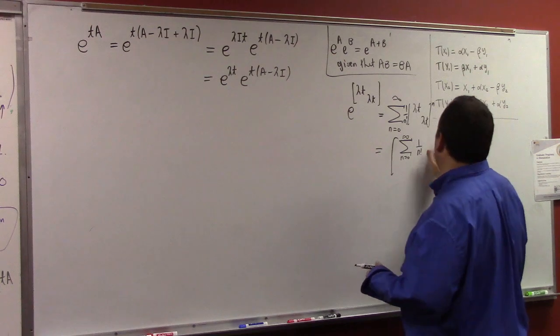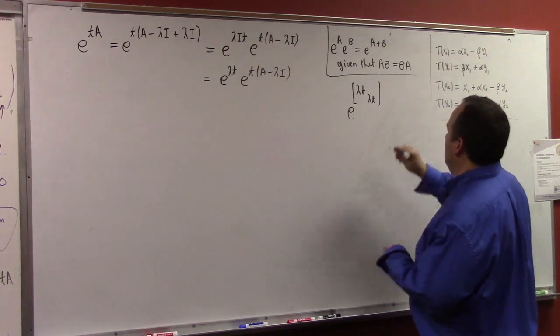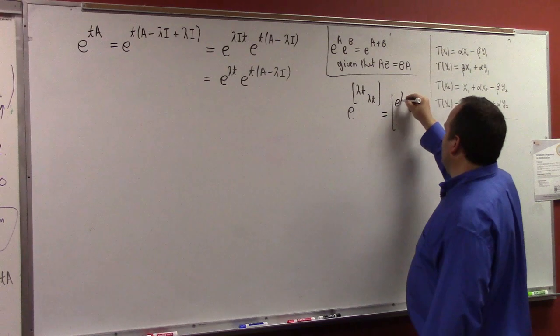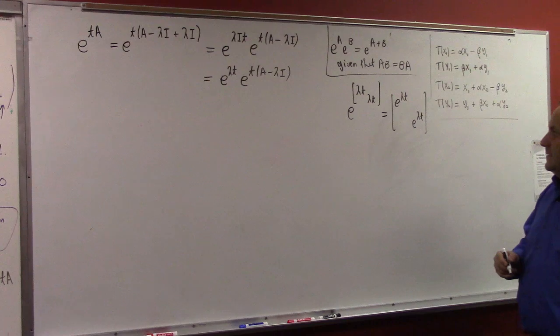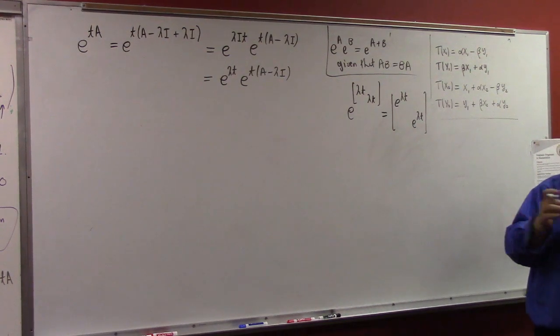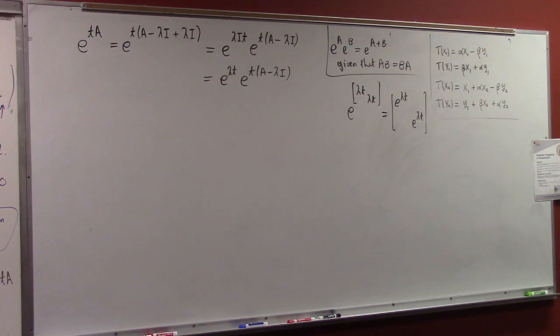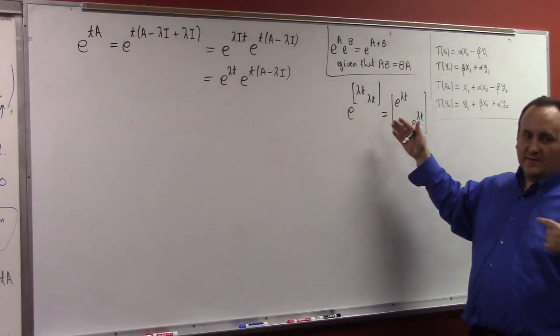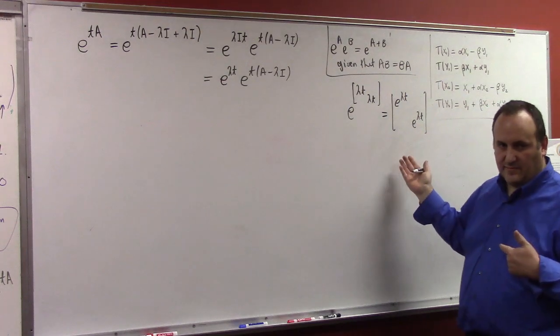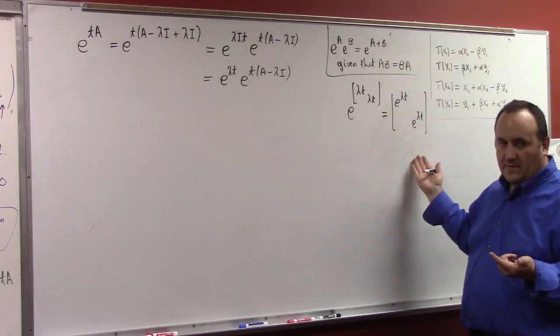See, that's not helping. I'm sorry. This works out to e^(λt), e^(λt), because when you take the powers of the diagonal matrix λt, the power of a diagonal matrix is a diagonal matrix of the powers of the diagonal. So that allows you to trade the exponential series for the matrix for the regular calculus 2 series of the components of the matrix on the diagonal, which gives us this calculation.